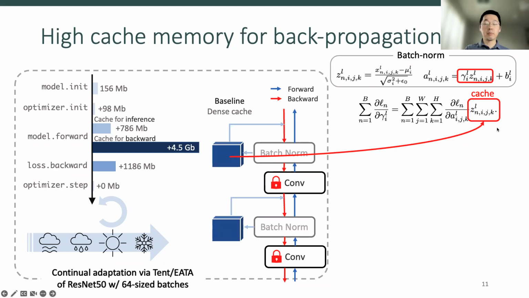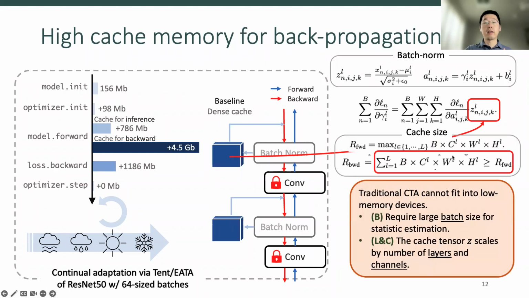So this matrix is pretty large, and it has to be stored in memory before you can do the back-propagation from the deeper layers. So this is why we call it cache. It has to stay in memory for a while until you finish the back-propagation. It is a very large matrix because it scales with the batch size, the number of channels, and also the number of layers. Here we show this multiplication in terms of back-propagation.